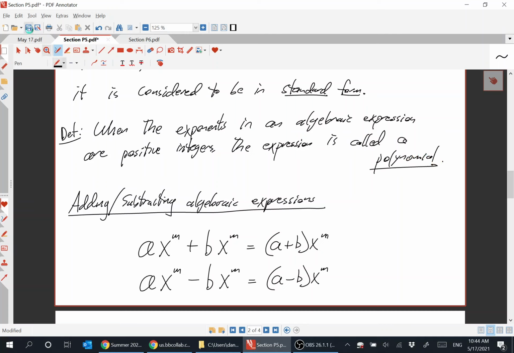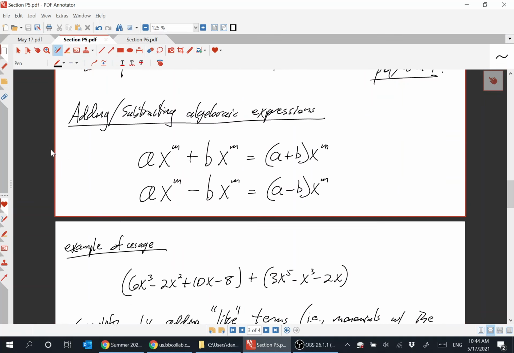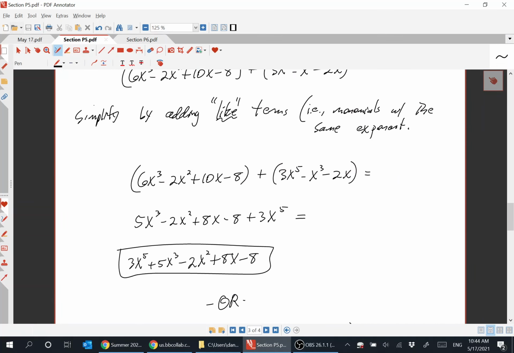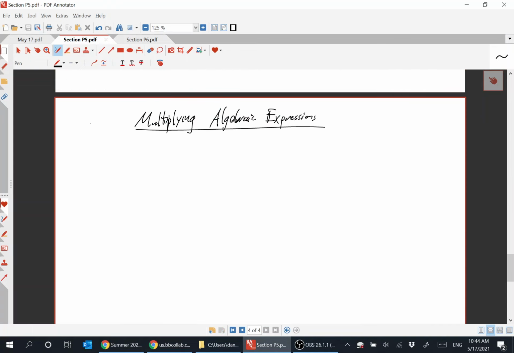So there's monomial, and then there's polynomial, and that's just for positive integer exponents. If you've got some rational number exponents and negative exponents, then you just say algebraic expression. All right. Multiplying algebraic expressions or polynomials.